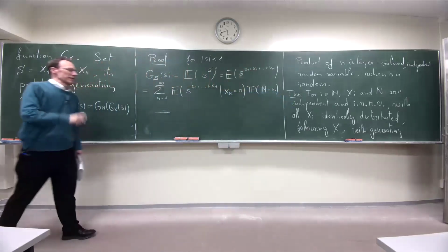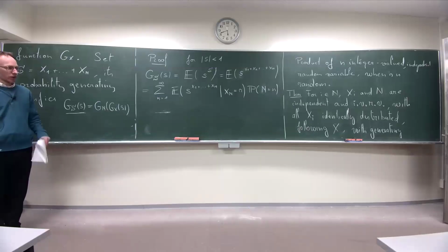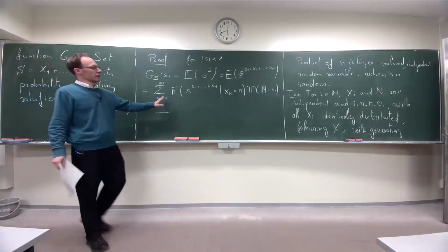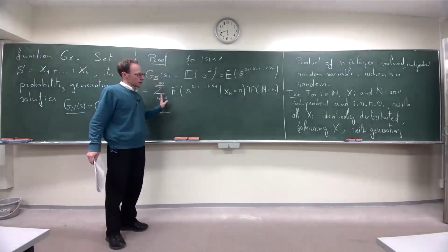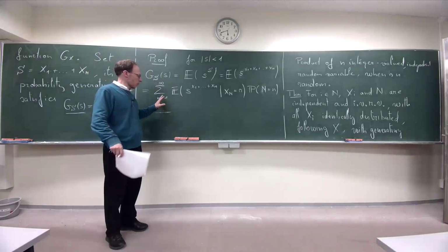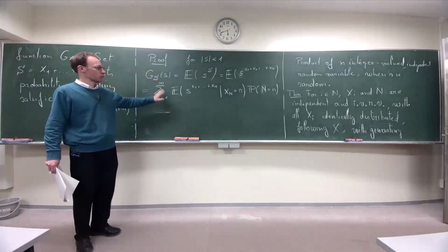Okay, this was the theorem I mentioned, the special case of this partition theorem for expectation. You assume, so it's a sum because it's a partition, so all subsets are disjoint, so it's a sum over small n from 1 up to infinity.